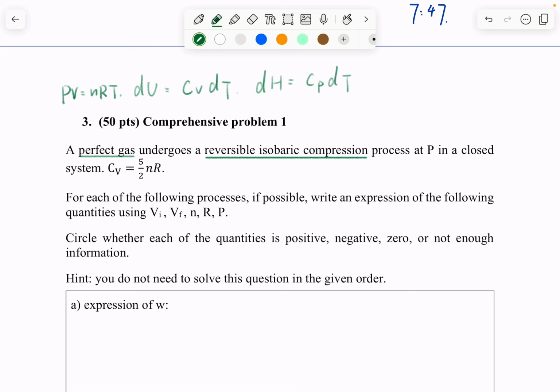Reversible tells us we have dS equals dQ over T, so dQ equals TdS.